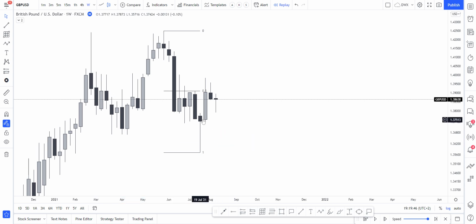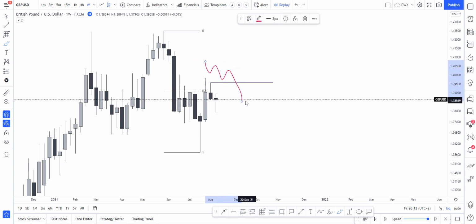But we can also see that this push towards the downside left a wick, so we know that wicks usually get filled. Then we can also see, just looking at price action, that price failed to make a higher high, and then after that wick, made a lower low again. So on the lower time frames, we can see that price is moving towards the downside.